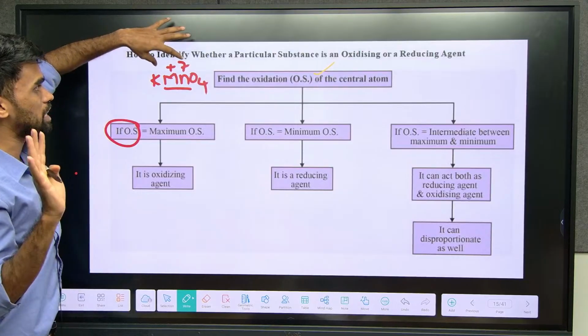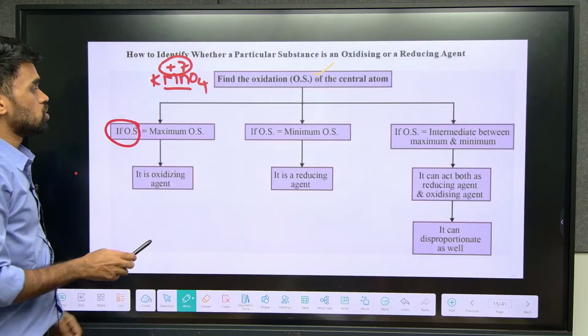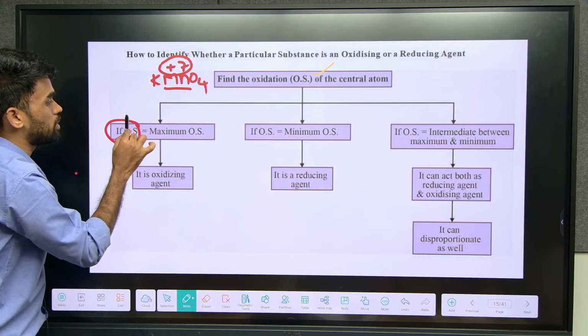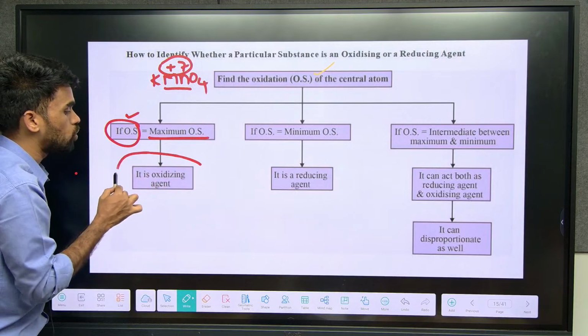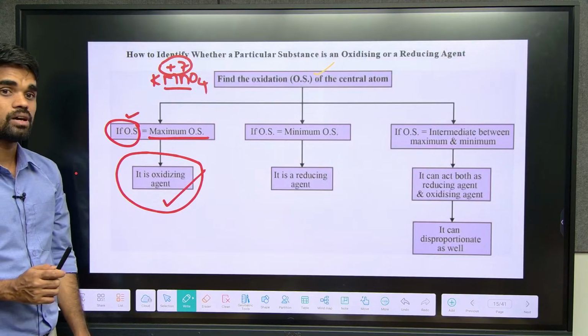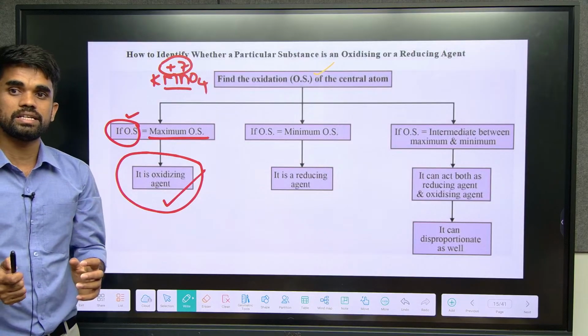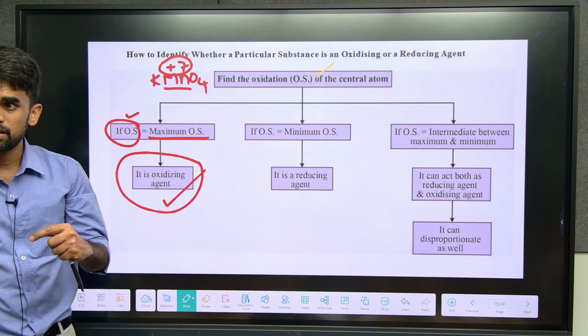So 7 valence electrons are there, so +7 is the maximum oxidation state possible. So if the oxidation state of that element equals its maximum oxidation state, it acts only as an oxidizing agent. What do we mean by oxidizing agent? Which undergoes reduction and oxidizes others.